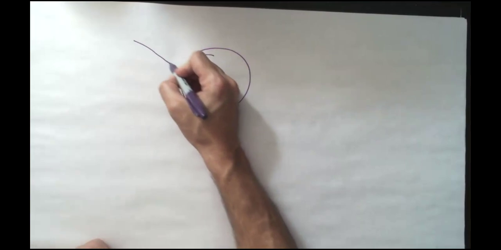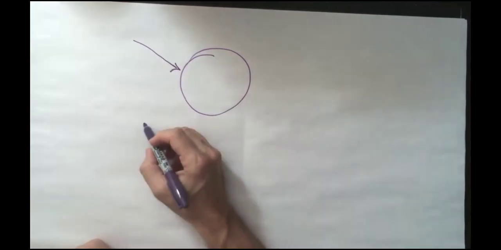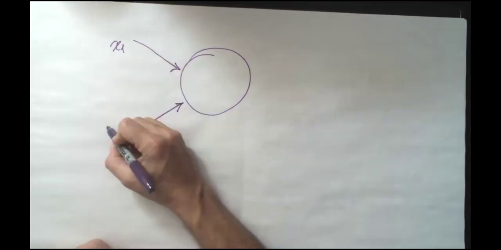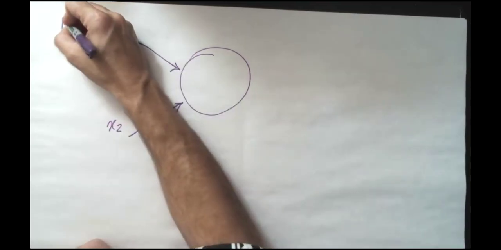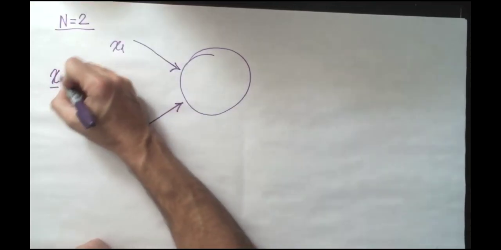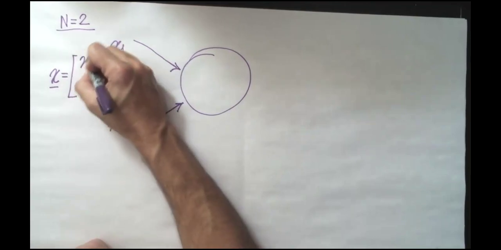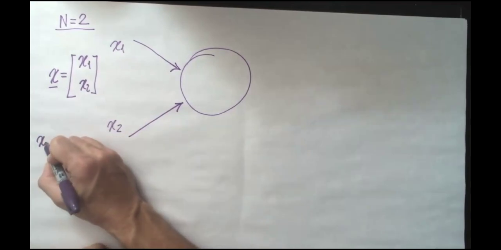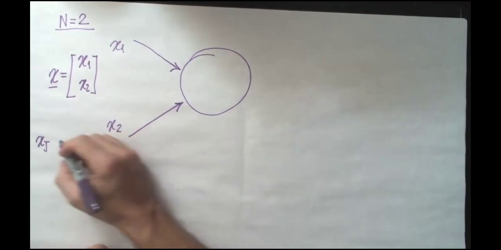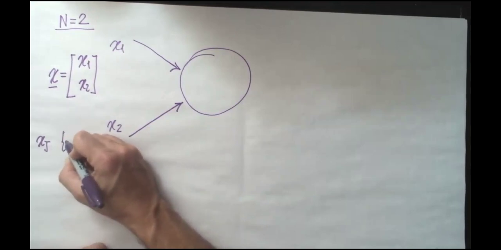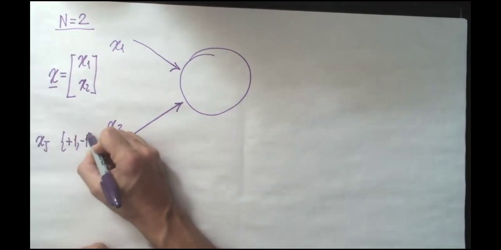Here we have the input, and for simplicity let's assume that we only have two inputs, x1 and x2, so n equals 2. The input vector x is given by a list of two numbers, and all the components xj are binary, they can only be plus 1 or minus 1.